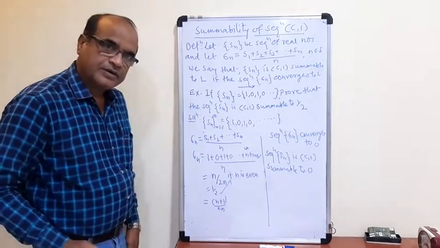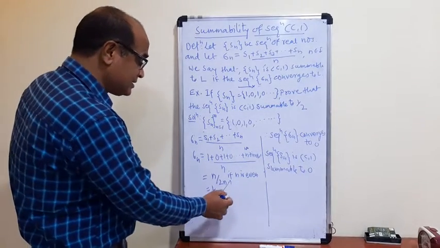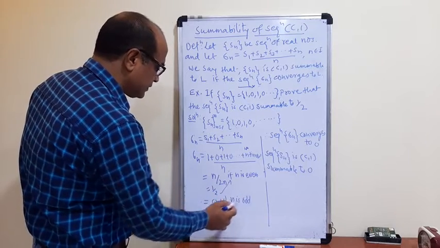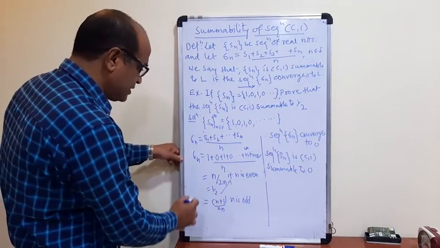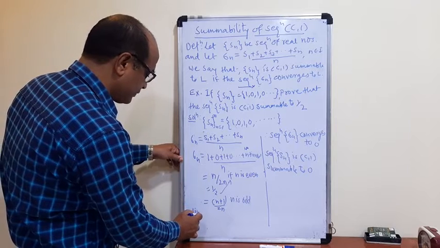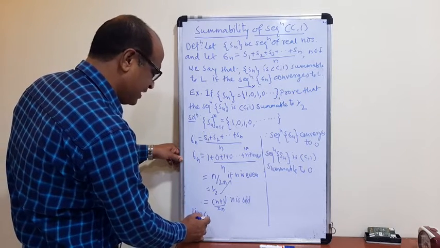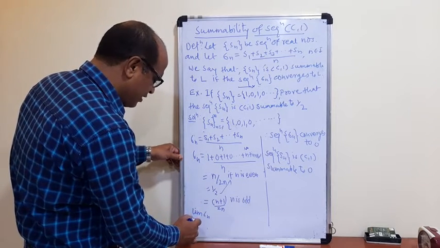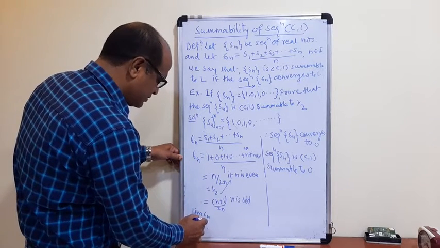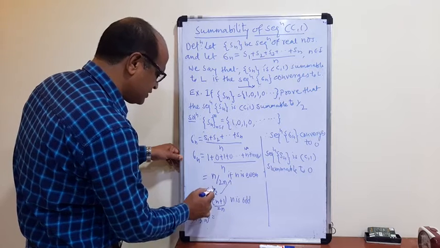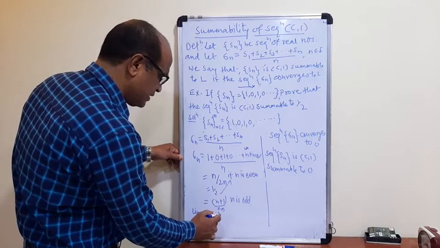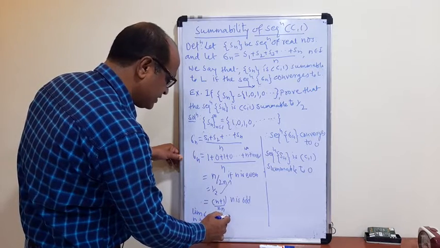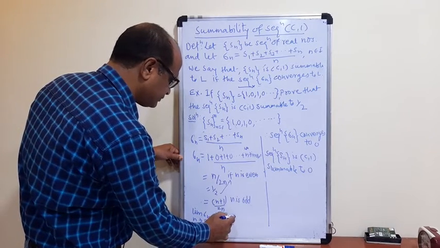Now we find the limit of this sequence sigma n as n tends to infinity.